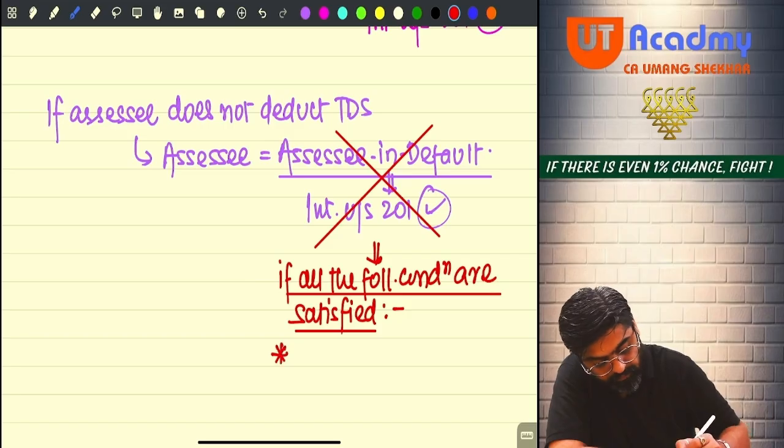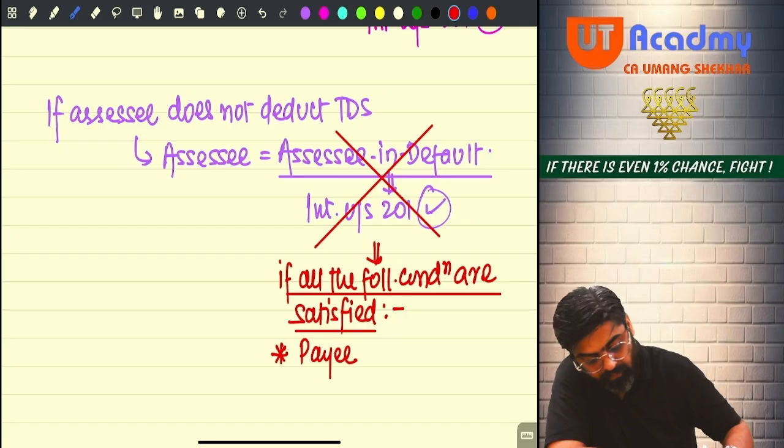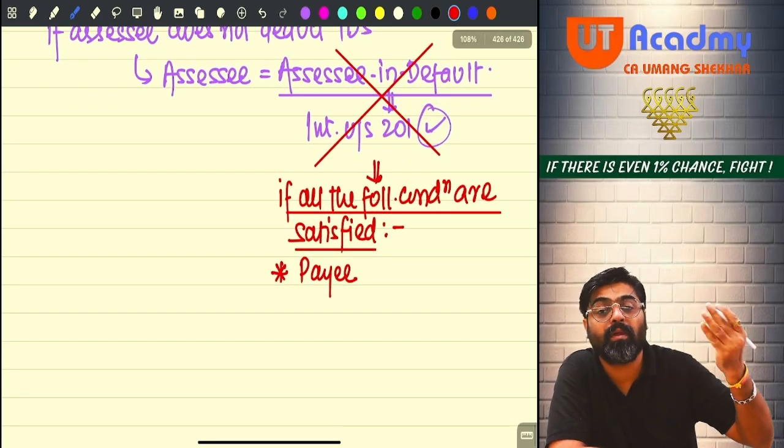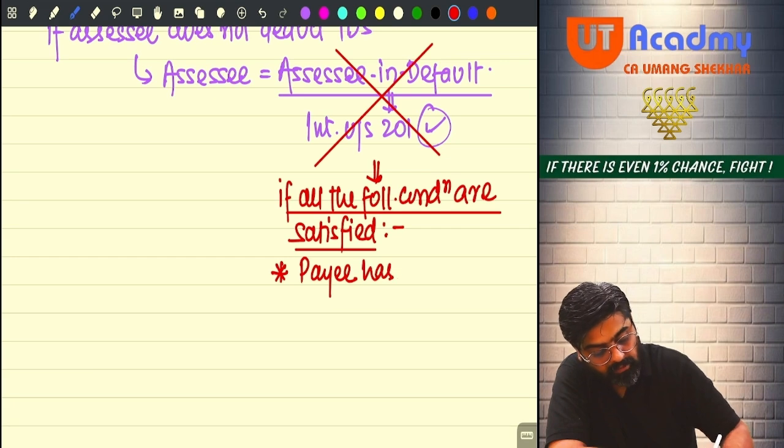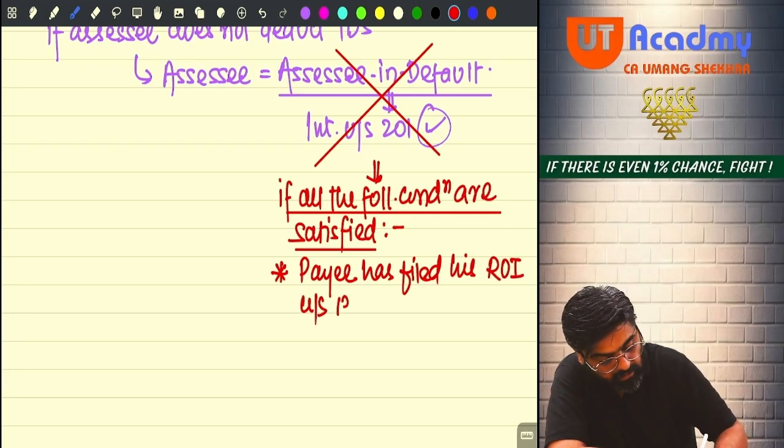First one, the payee, meaning the person to whom the payment was made, has filed his return of income under section 139(1).